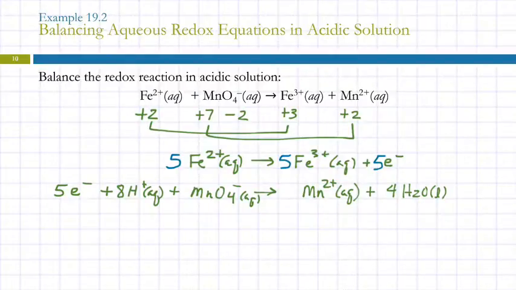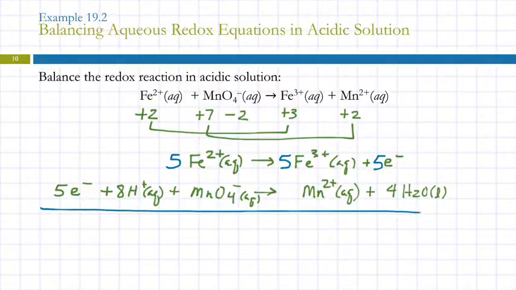Now when we add these together, the 5 electrons on each side are going to cancel each other out. So we add these together, cancel those guys.